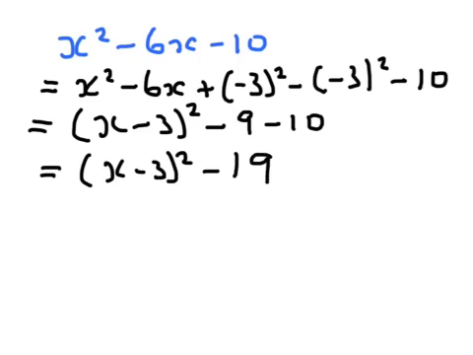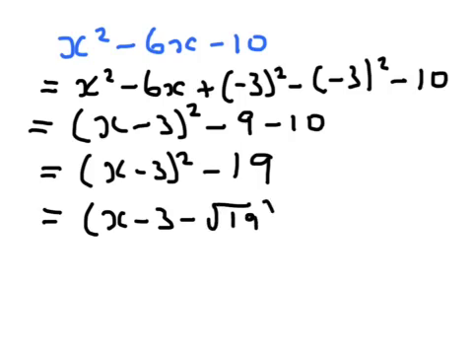And now we have a difference of two squares, where a is x minus 3 and b is the square root of 19. And so we can simply write our answer as x minus 3 minus the square root of 19, and then x minus 3 plus the square root of 19.